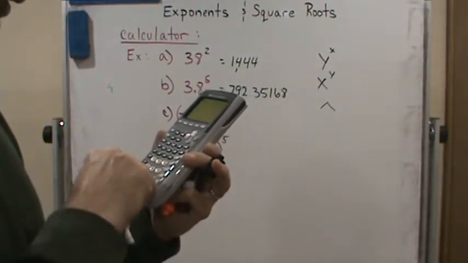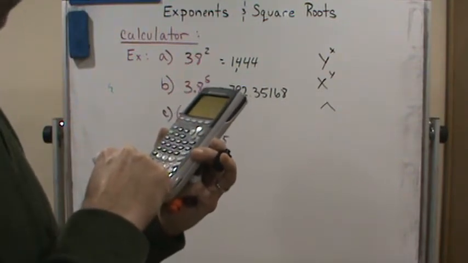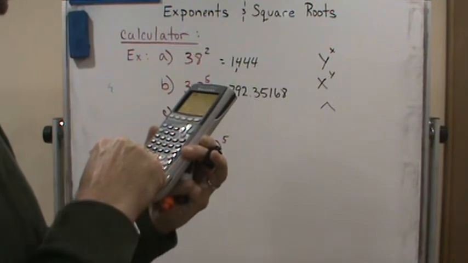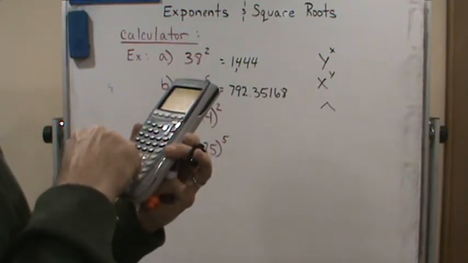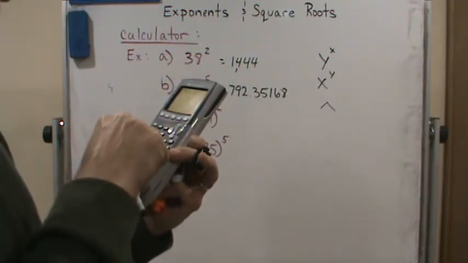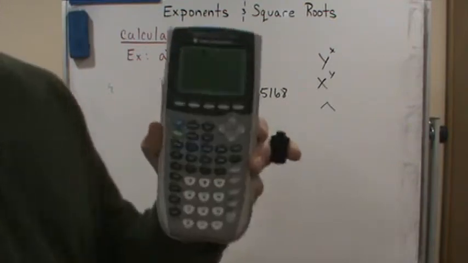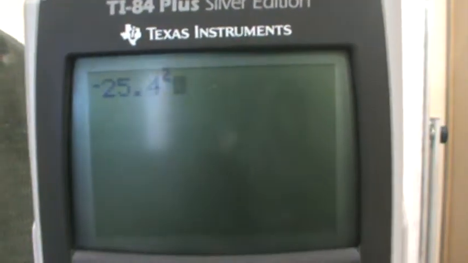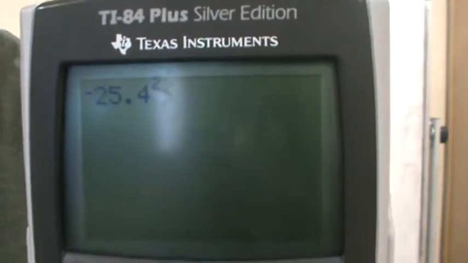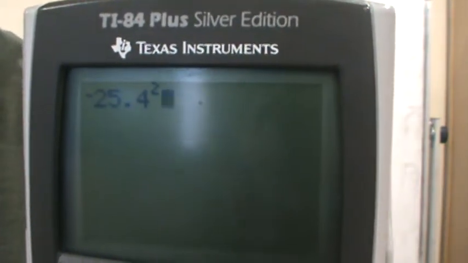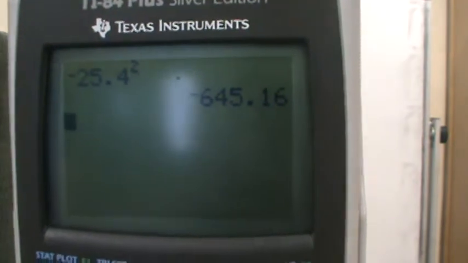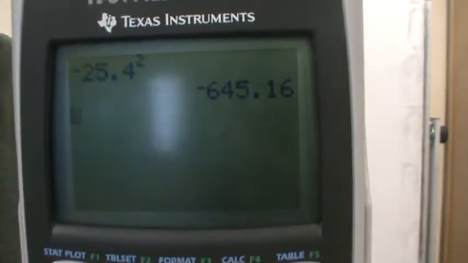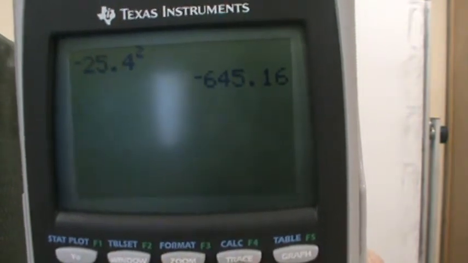If I put in negative 25.4 squared, notice that's what I have. If I hit enter, notice what I get: negative 645.16.